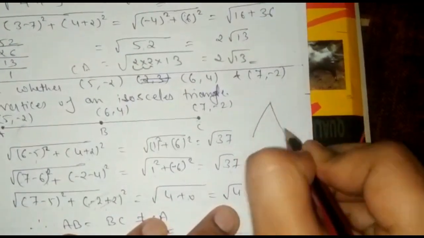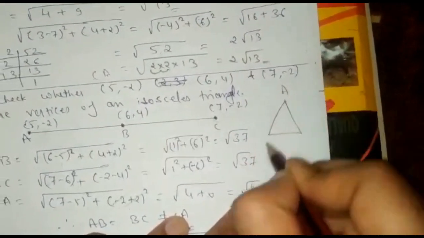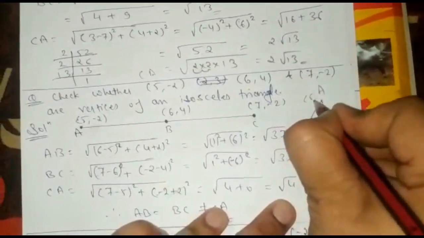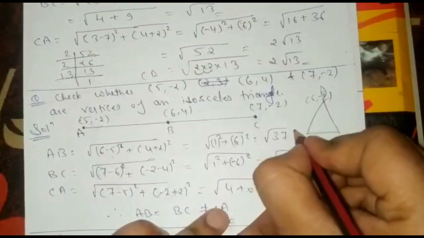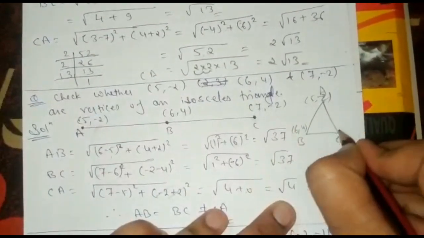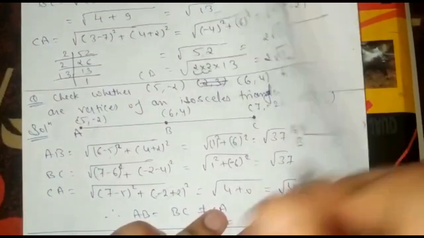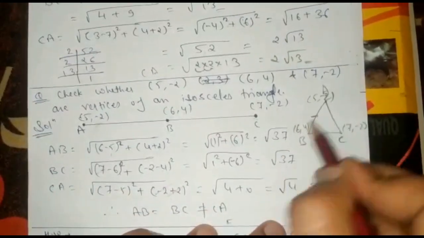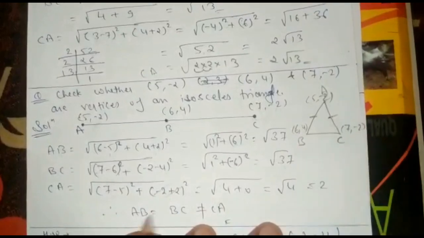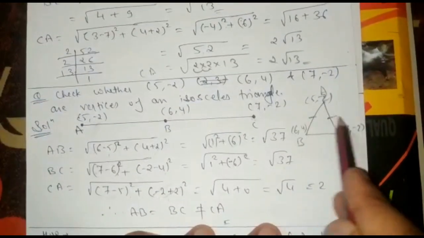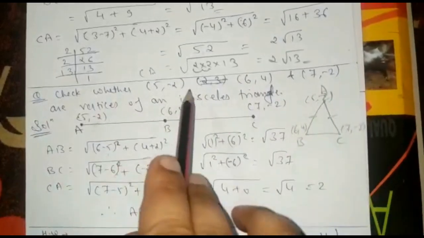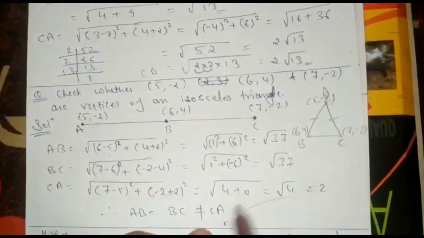Let us take this point A, this point B, and this point C. A is (5, -2), B is (6, 4), and C is (7, -2). So by solving this, we get AB equal to BC but not equal to CA. So these two sides are equal.